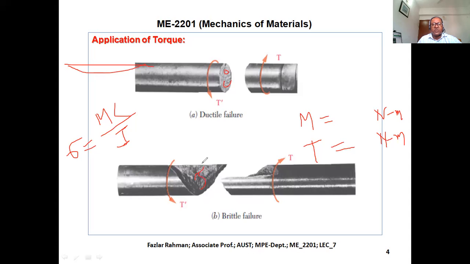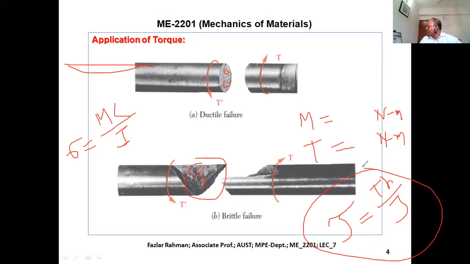I need to measure this. How can you do it? From the inside, you cannot measure, right? So we need a formula. That formula is tau equals TR divided by J. This will be derived in section B, and you look at the video and you can easily understand. So this is shear stress.